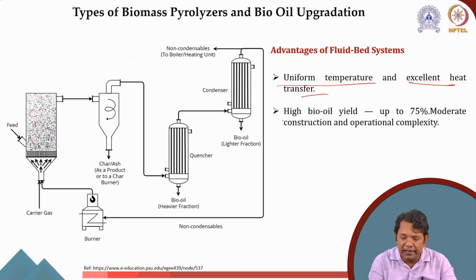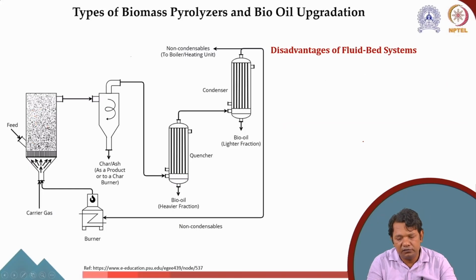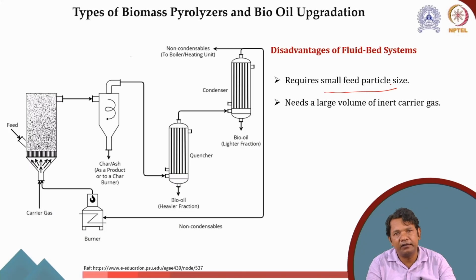It has high bio-oil yield, up to 75%, and moderate construction and operational complexity. The scale up is very easy for larger capacities, but the problem with such a pyrolyzer is that it requires a small feed particle size, because then only it can get fluidized or flow.